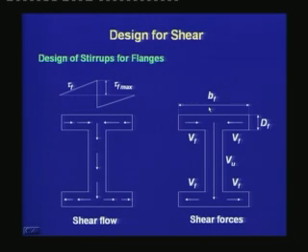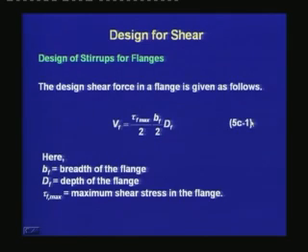Bf is the breadth of the flange, Df is the depth of the flange. The design shear force in a flange is given as follows: Vf is equal to half of tau f max times the area, which is half of Bf times Df. This expression is obtained from the linear variation of tau f.